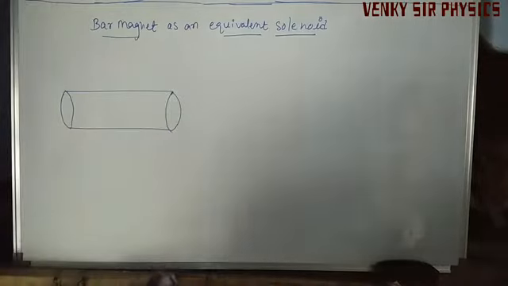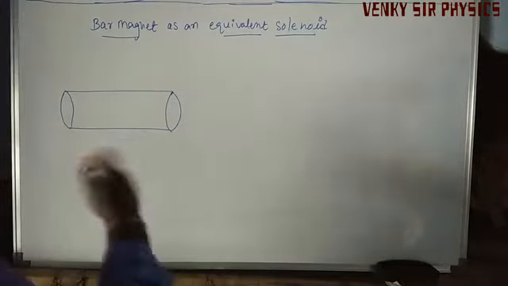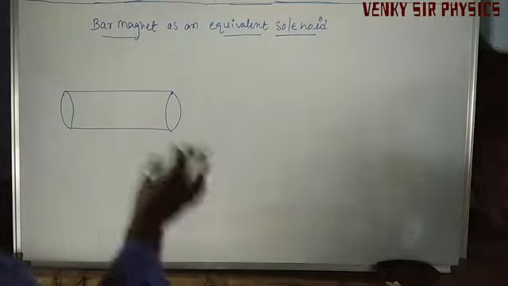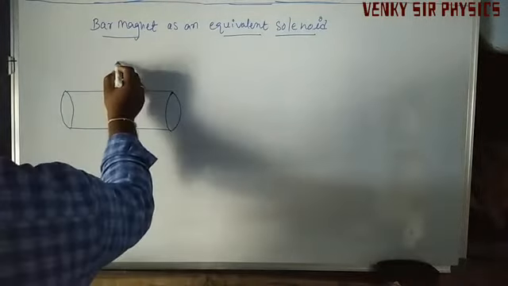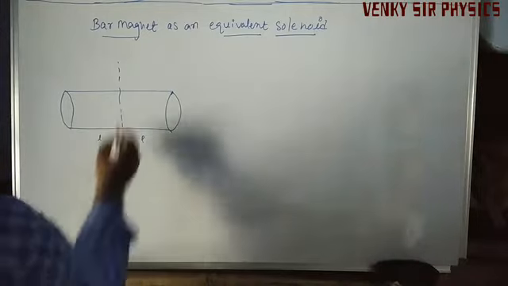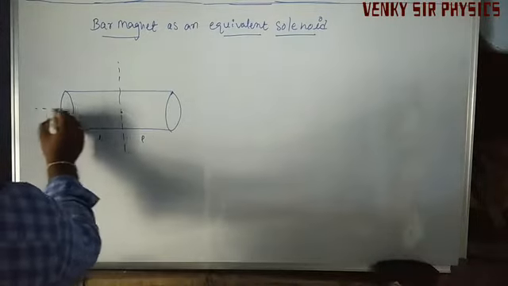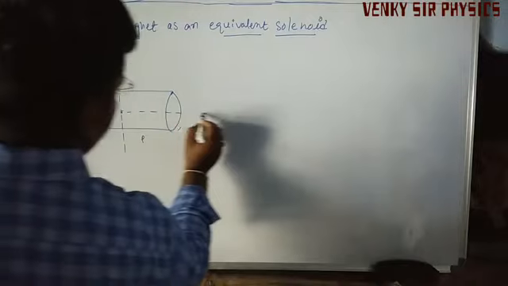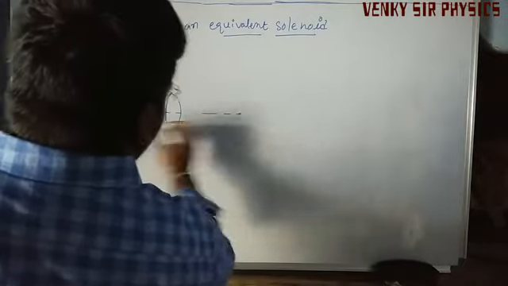So this is a bar magnet. The length of the bar magnet is 2L, and this is the center. Consider a point P on the axial line.